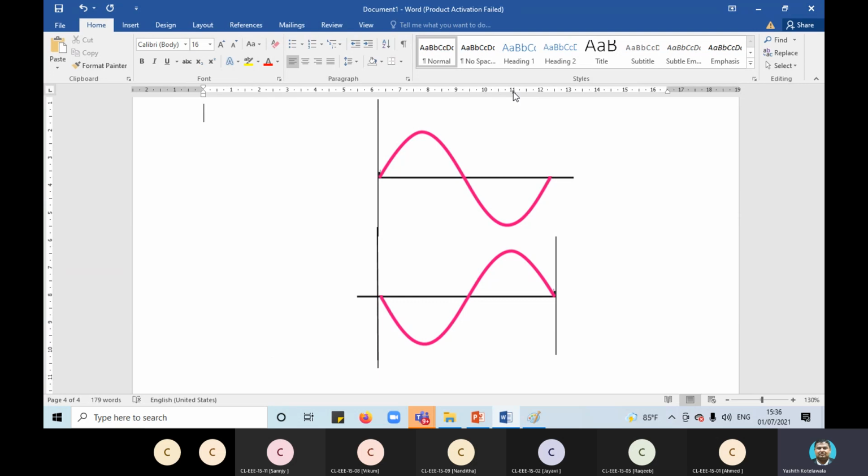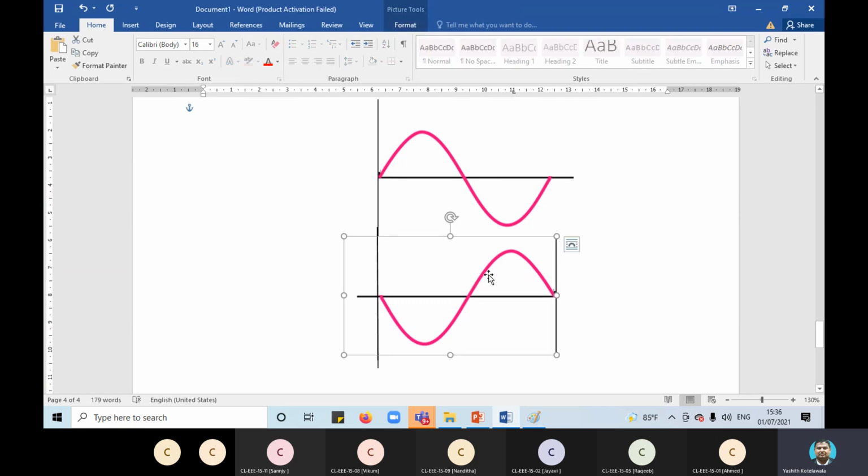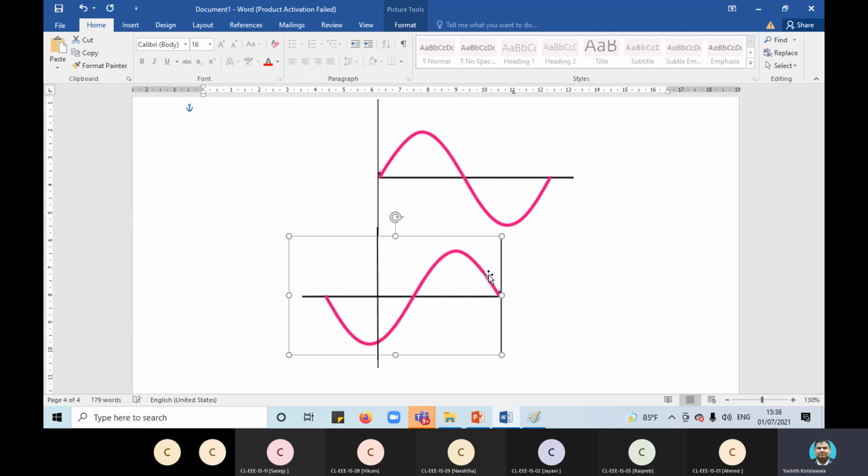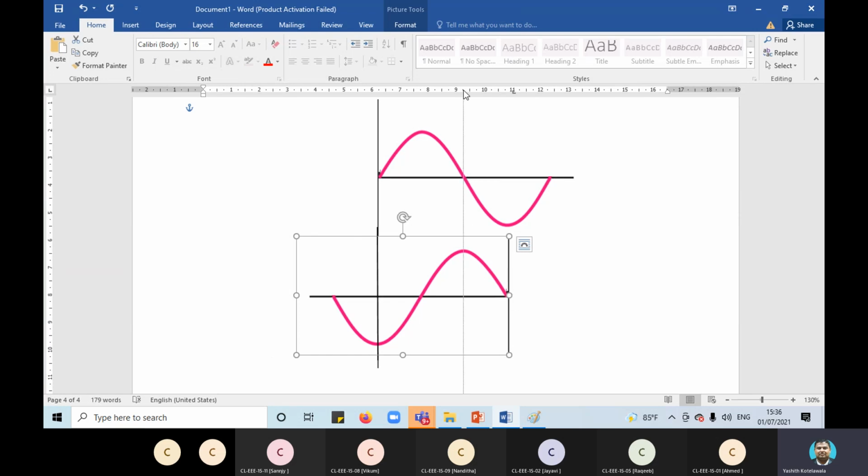What happens if you go for a 270 degrees phase shifted signal, see like this? Again the same, right? It is going to completely change, because in a situation where you need exactly 0, you get a peak value.